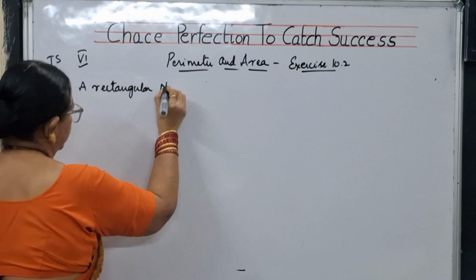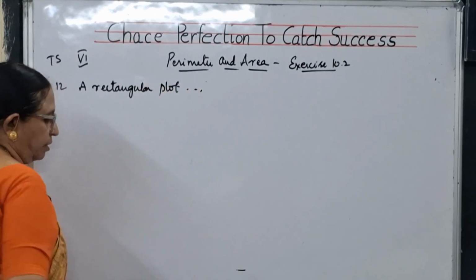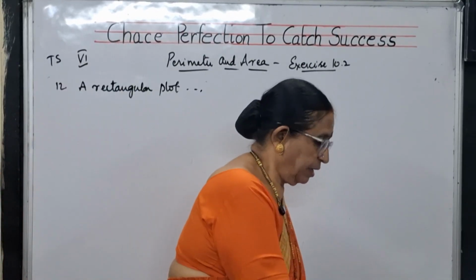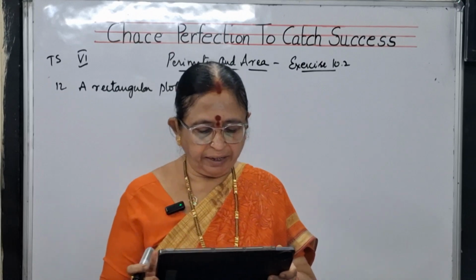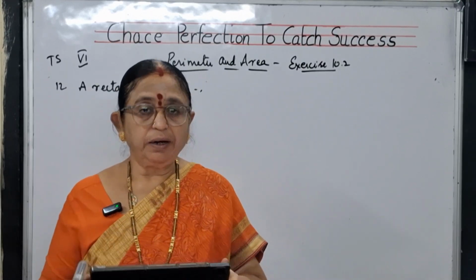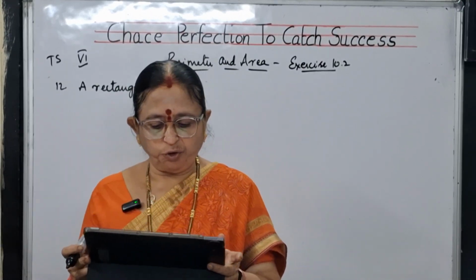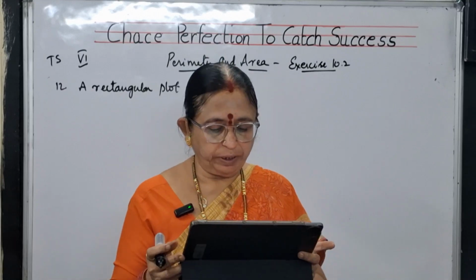Let me read. A rectangular plot of land is 240 meters by 200 meters. That means length is 240 meters, breadth is 200 meters.